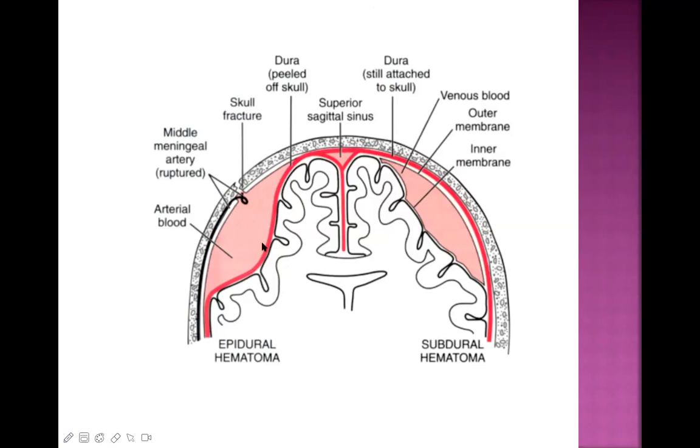It is convex in shape, because this bleeding is very brisk. It can quickly develop a good amount of blood clot, and it will press a large part of the brain inwards. Whereas subdural hemorrhage occurs because of rupture of the bridging vein, so blood collects very slowly.